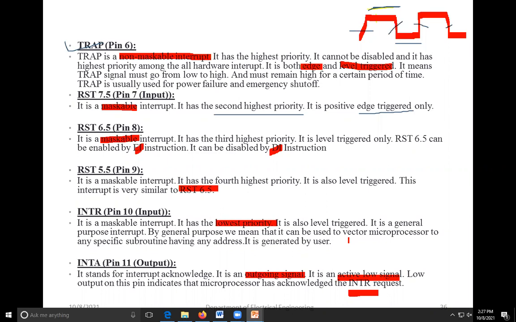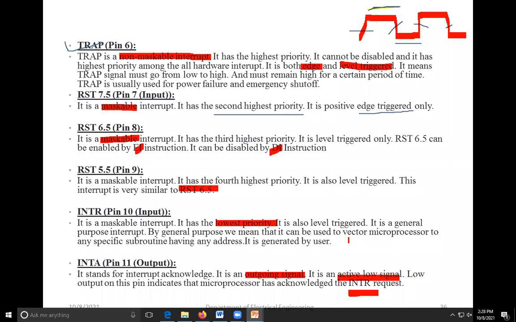Acknowledgement means what? If you ask something, you have to give some reaction regarding the input given to you. Suppose somebody asks you something, and you do not give any reaction, then there is no acknowledgement from you. But if you give a reaction to what anybody says to you, this is called acknowledgement. If any peripheral gives an interrupt request to the 8085, how can the peripheral understand whether the 8085 is working on the interrupt, yes or no?